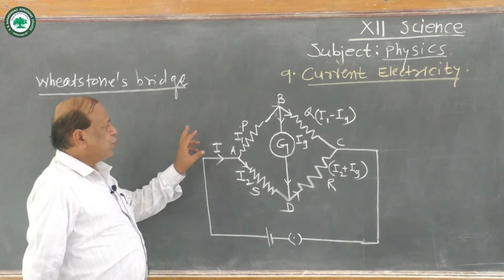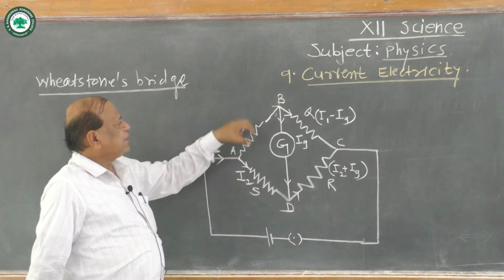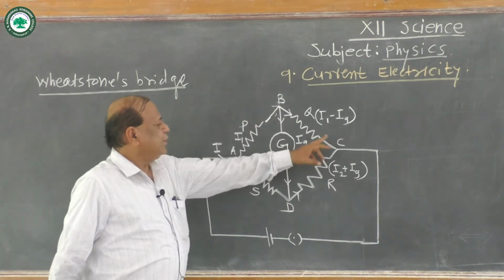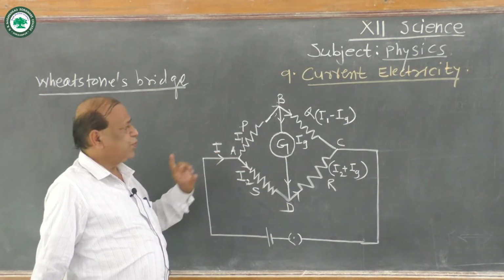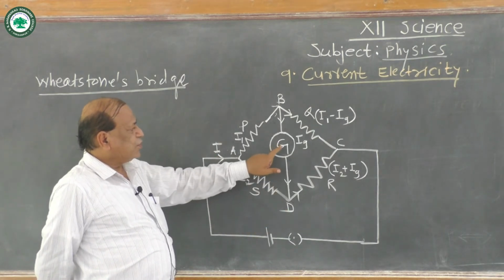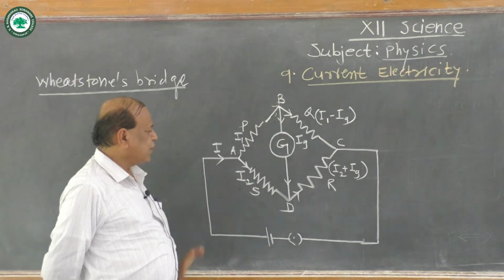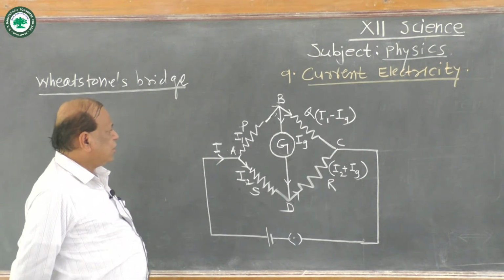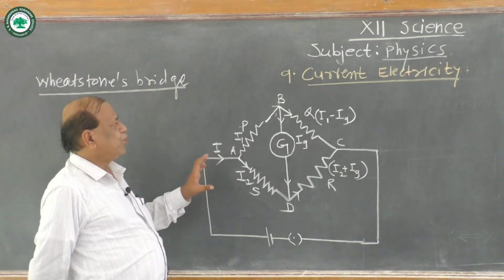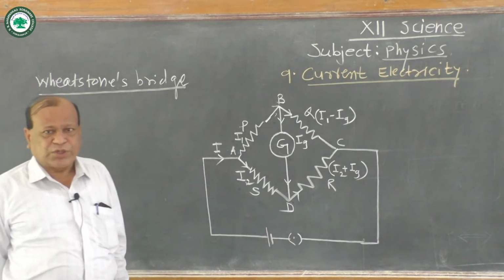These 4 resistors P, Q, R, S are connected in such a way that they form a bridge, the network A, B, C, D, A, and in between junction B and junction D, a galvanometer of resistance G is connected. Ig is the current flowing through that galvanometer. Now we have to find the balancing condition for this Wheatstone's bridge, applying Kirchhoff's voltage law.